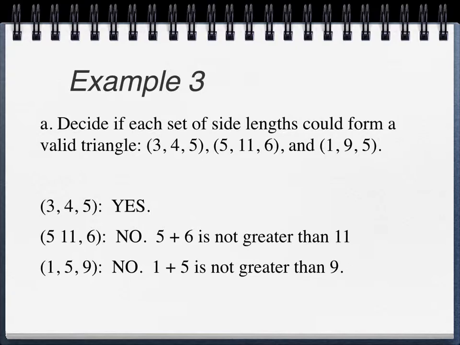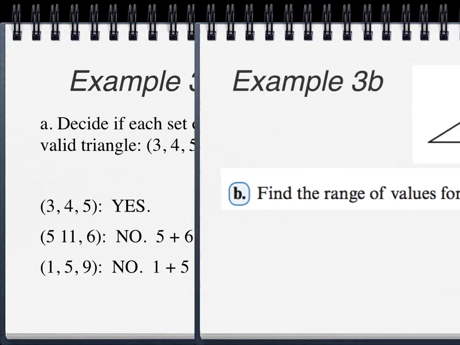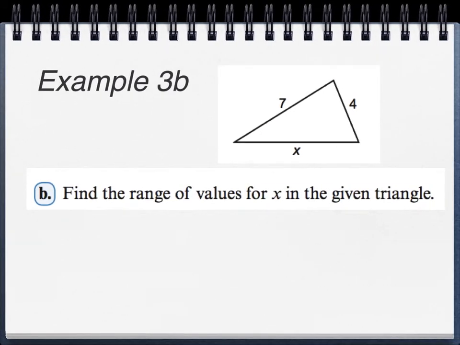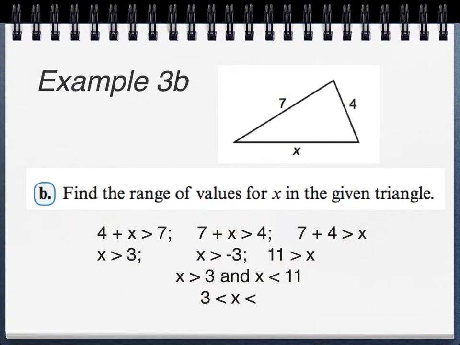All right, the next example says find the range of values for x in the given triangle. So we're going to write our three inequalities, that the sum of any two sides must be greater than the third side. Then we'll solve those inequalities.